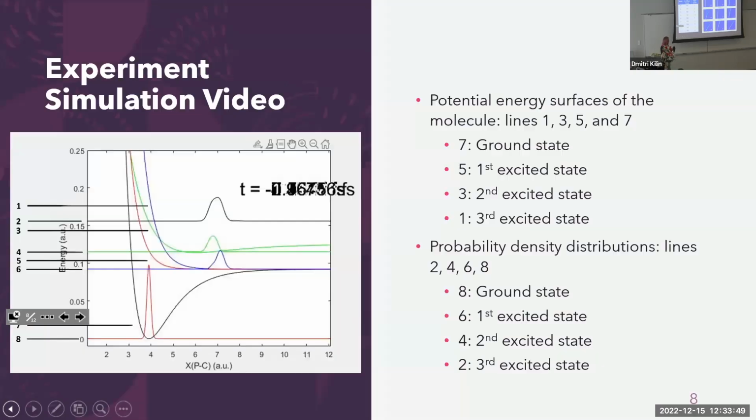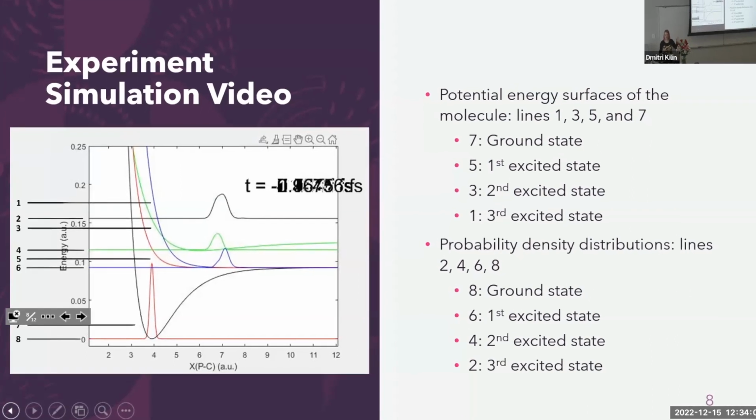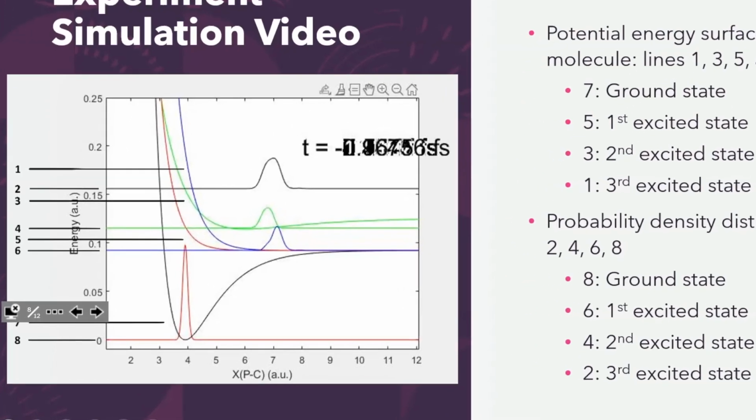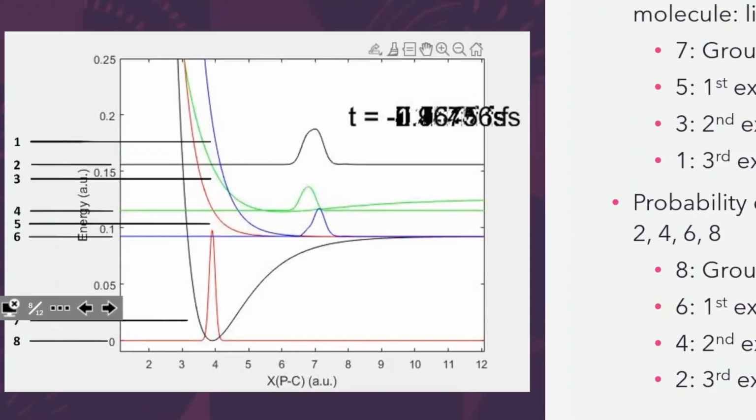So moving on, this is kind of a preparation slide to explain the video that is in the next slide. So there's a lot going on this graph. It models the potential energy surfaces as well as the probability density distributions.